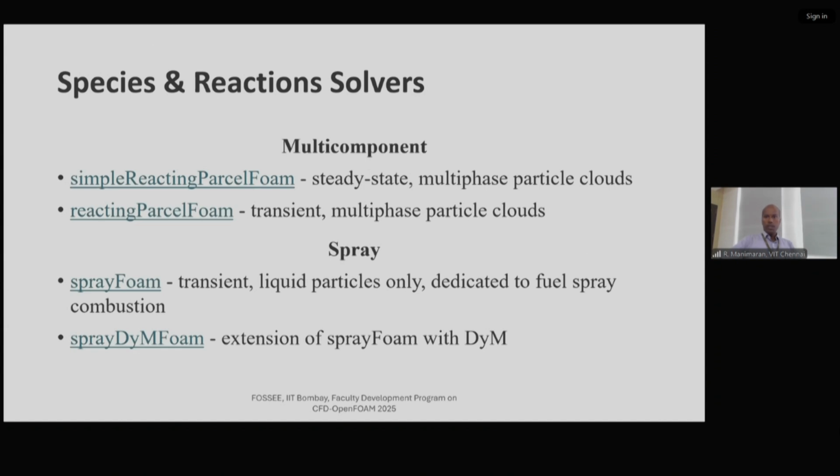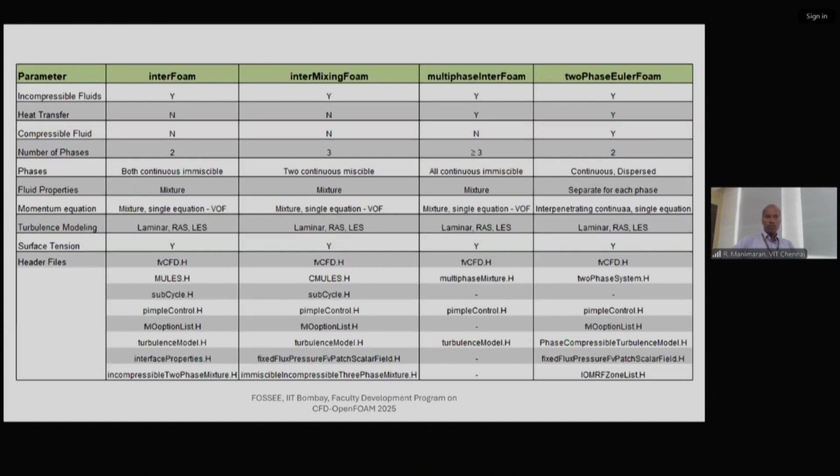So let me show the distinction of those things in a tabular approach. Okay. If you see, generally we would have used interFoam, interMixingFoam, multiphaseInterFoam, and twoPhaseEulerFoam. The distinction, if you see here, is that heat transfer is not present in interFoam and interMixingFoam. Compressible fluid is taken care of in twoPhaseEulerFoam. The number of phases is three or more for interMixingFoam and multiphaseInterFoam.